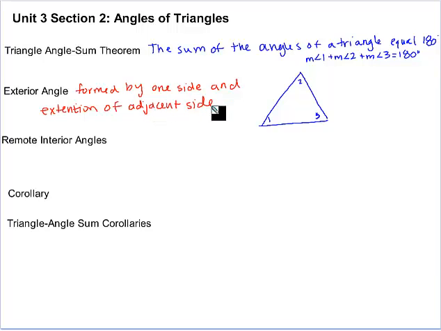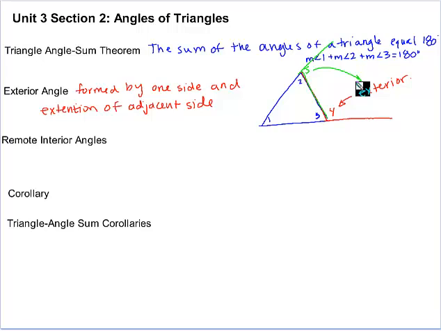So for example, here on this diagram of a triangle, if I use this one side, and then I extend an adjacent side, the side right next to it, this would be an exterior angle. We also could extend, using the same side, our other side right up here, label that angle 5, that would also be an exterior angle. So those are both examples of exterior angles. It just has to have one of the sides and then the extension of the adjacent side.